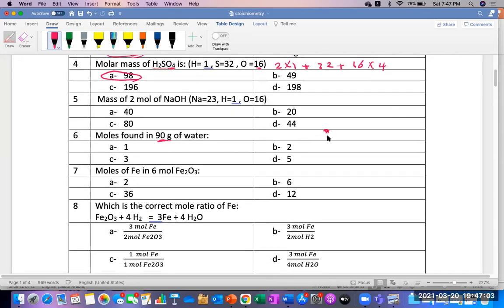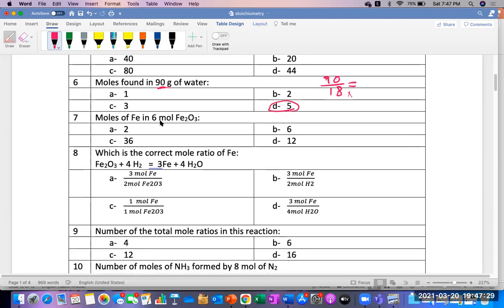The mass in grams is 90, and the molar mass of water is 18. So I will divide them. You can try to multiply 18 with 3 or 4 or 5 to find the answer easily, and actually it will be 5.